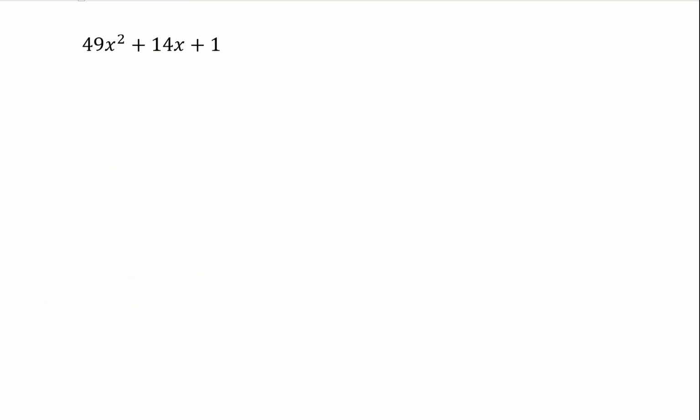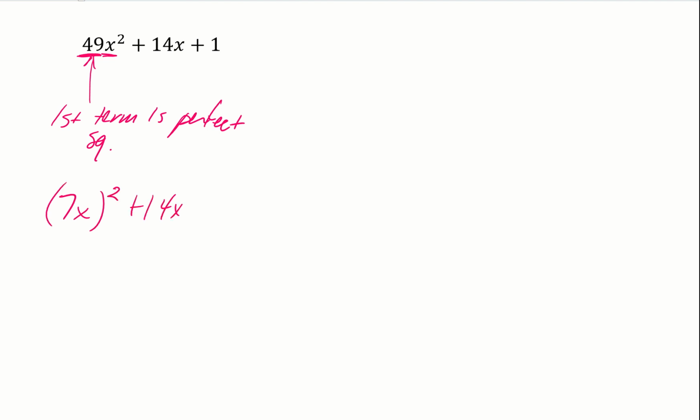Okay, one more example. So our first term is a perfect square. Square root of 49 is 7. Square root of x squared is x. And our last term is a perfect square. Now, don't forget that 1 is a perfect square. Square root of 1 is 1.